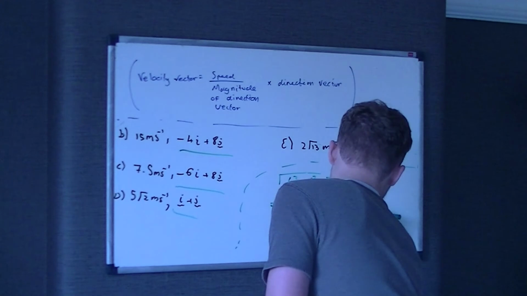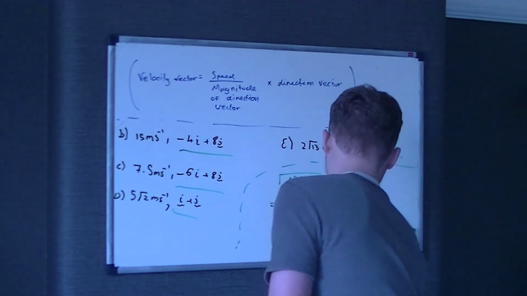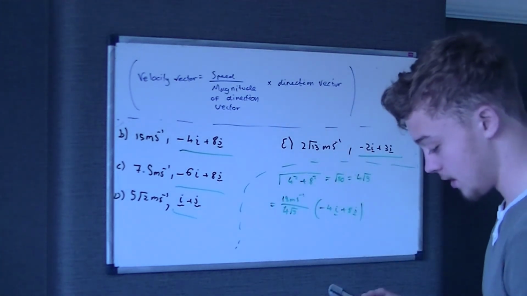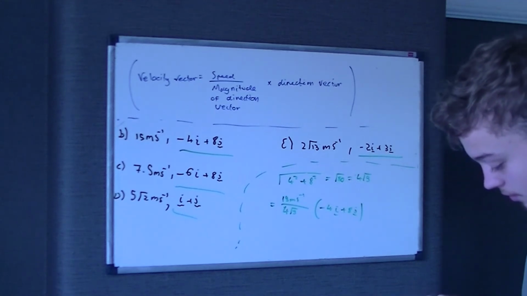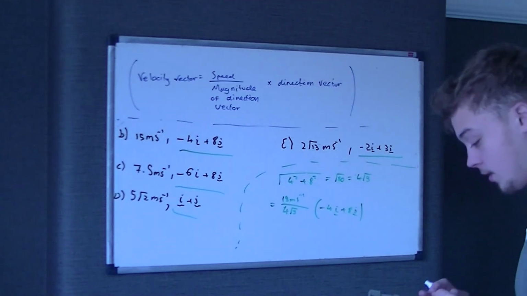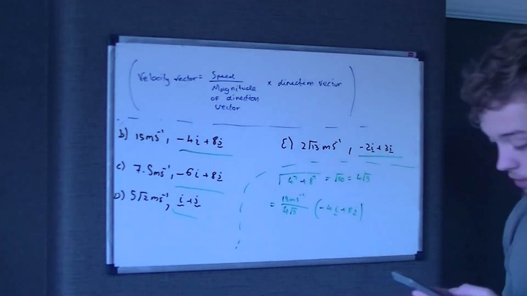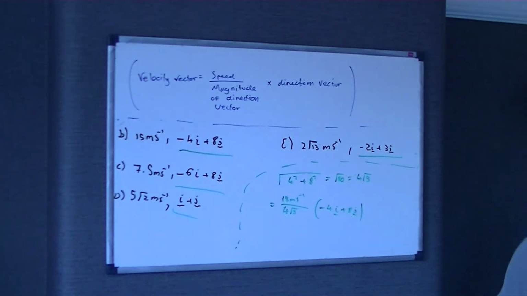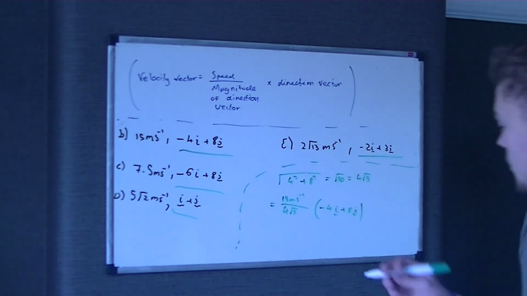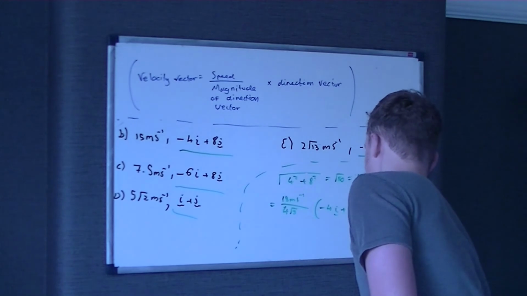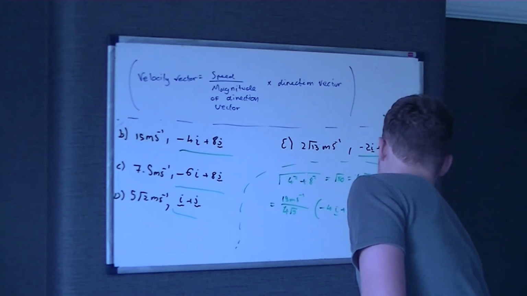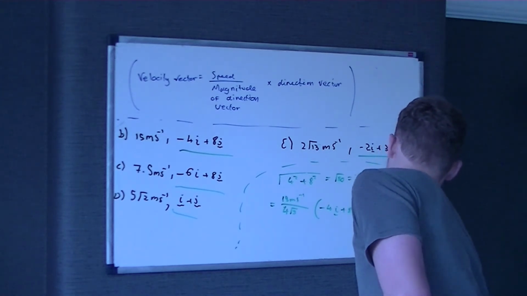Now you would work out, don't forget those little dashes underneath the i's and j's, so it's 15 over 4 root 5, which is 3 root 5 over 4. So I've done it in my notes. So that's equal to 3 root 5 over 4 times minus 4i plus 8j.